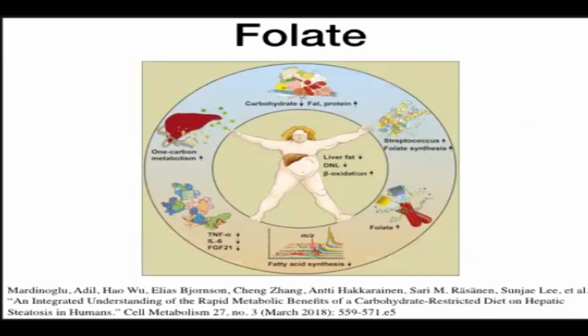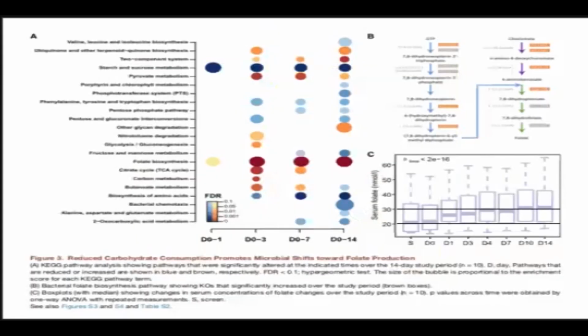And in their study, they determined that the increase in folate levels, which they also saw, was actually coming from gut bacteria synthesizing it. I didn't have access to all of their tables, but if you look here, we have again the serum folate that goes up from just over 20 to just over 30. And on this side, we have all of the different pathways that they noticed being activated.